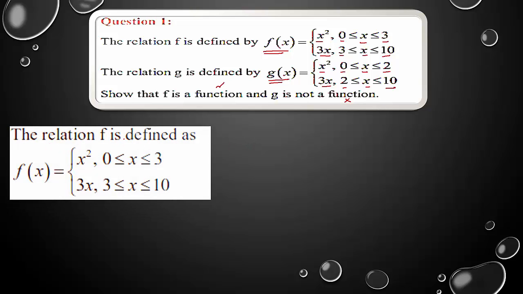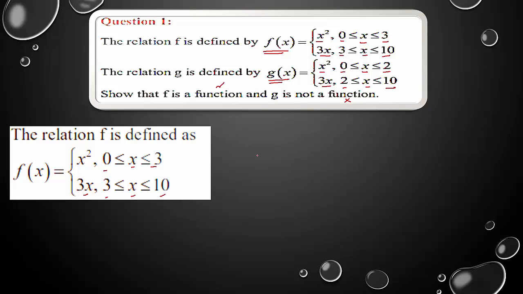The relation f is defined as f of x equal to x square whenever x is in between 0 and 3, and 3x whenever x is in between 3 and 10. So you have to prove that this given f of x is a function.